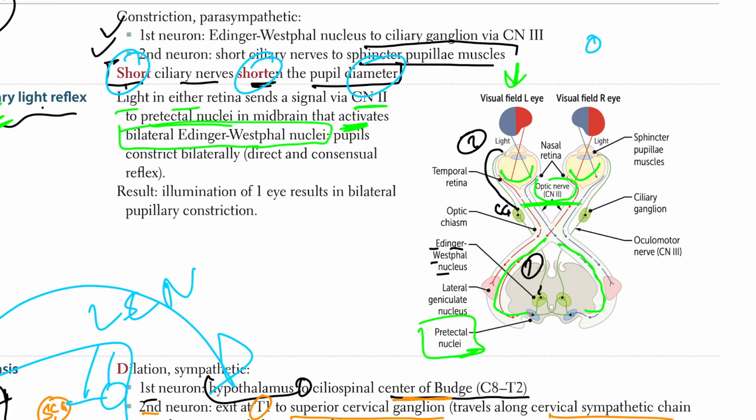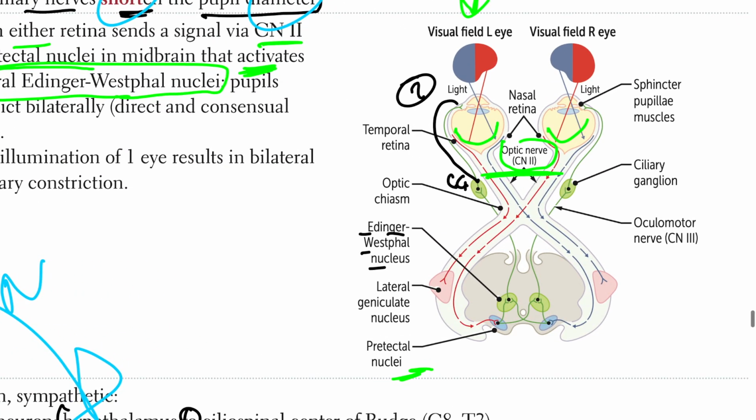That's important. So let's just take a look at this. What are we saying here? So we are saying that, let's say we have a light. Let me erase this part. We shine light here. Let's just give an example. This goes from this retina, from the optic nerve, CN2, all the way back and stimulates what?